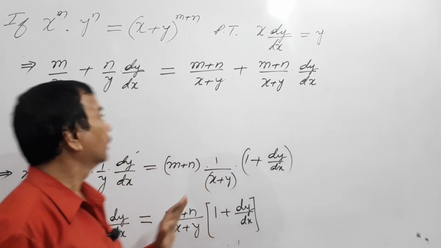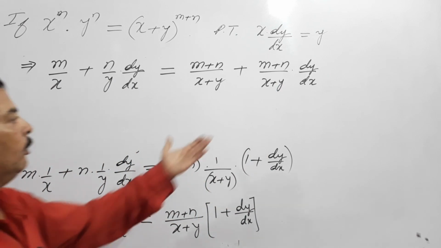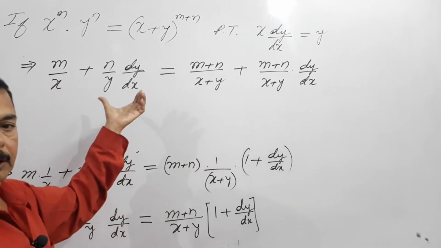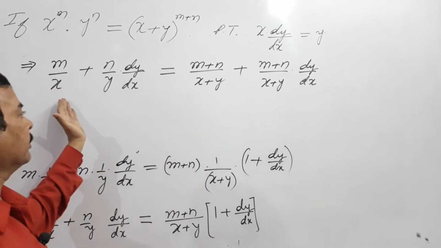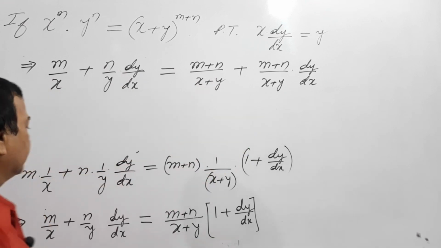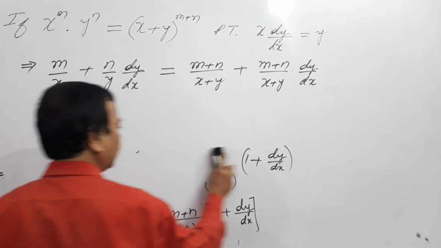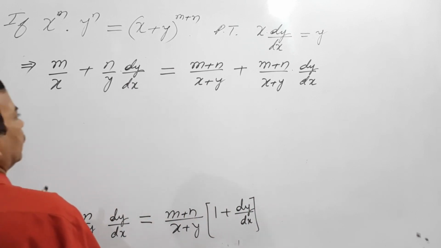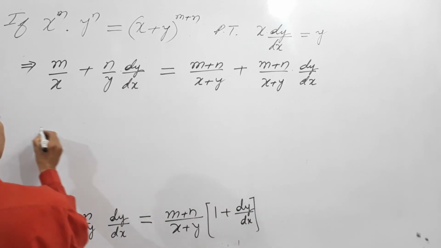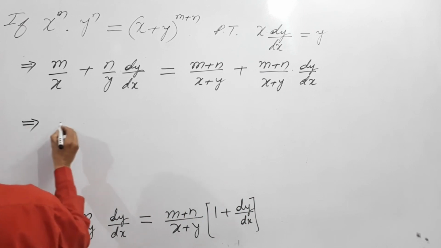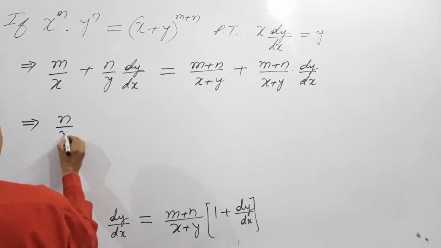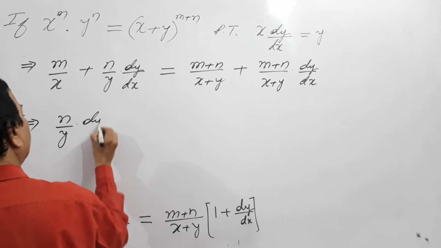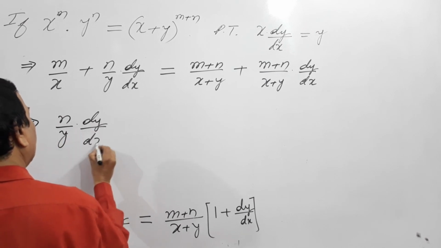So what I do, I try to bring the dy by dx terms over and shift the non dy by dx terms to the other side. So what happens here? So this is n by y dy by dx.